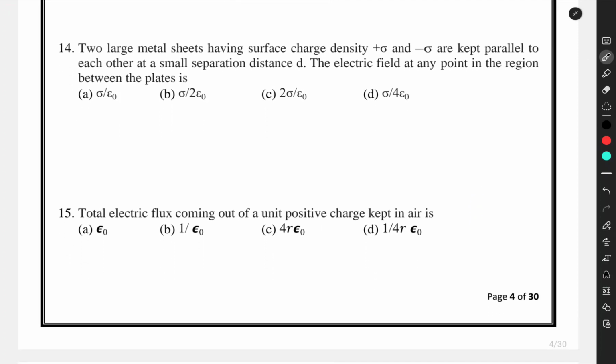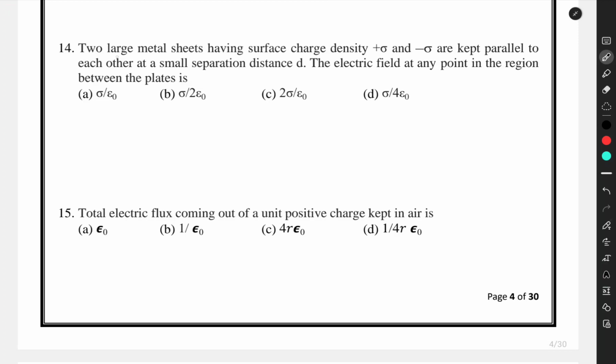Two large metal sheets having surface charge density plus Q and minus Q are kept parallel to each other at a small separation of distance d. The electric field at any point in the region between the plates is?